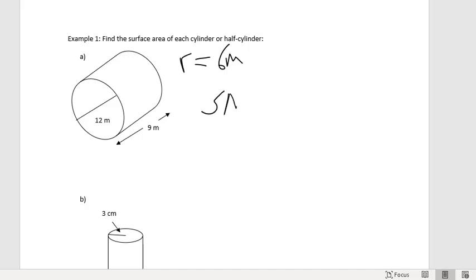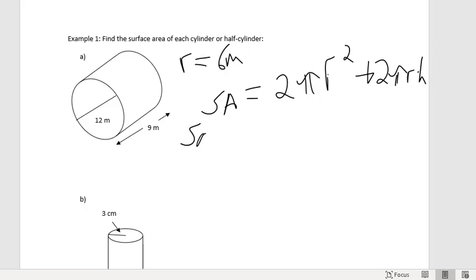So surface area is 2 pi r squared plus 2 pi r times h. Plug in what we know: 2 pi 6 squared plus 2 pi 6 times 9. All right, and start calculating it.